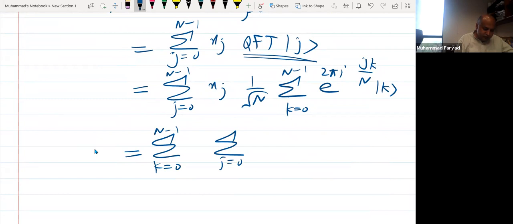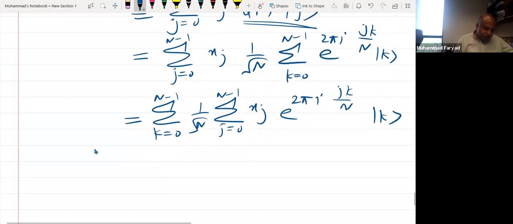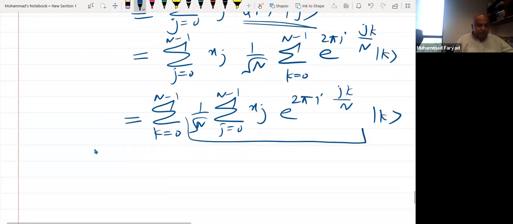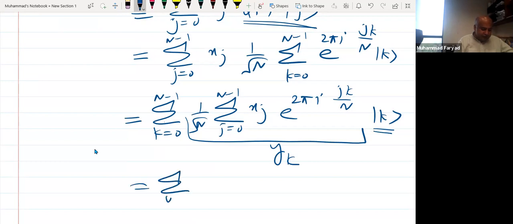So this sum over j of xj times 1 over square root of n times exponential 2 pi i jk over n. If we think about this larger sum, this is the kth coefficient of the state k. So let's call this yk, and I can write my state, k goes from 0 to n minus 1, as yk ket k, like this.